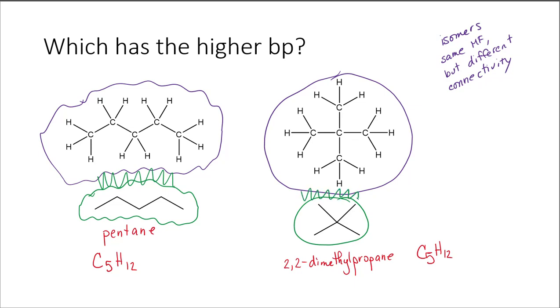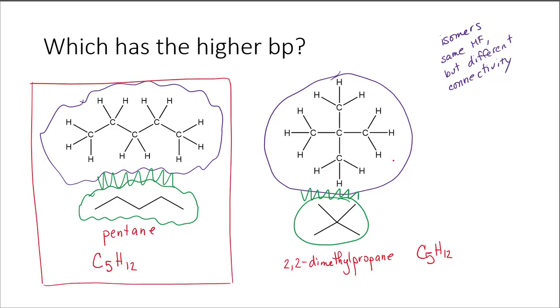How much is that interaction? Take a second. I want you guys to think about it. Which one is going to have the higher boiling point? And the answer is pentane, just straight normal pentane, will have the higher boiling point. Now I'm going to look that up for you guys in a second just to prove it to you.